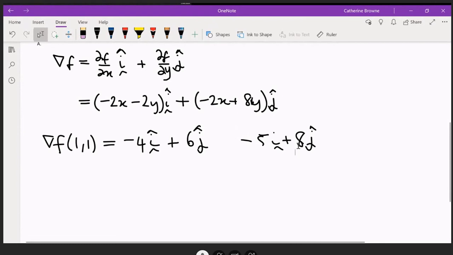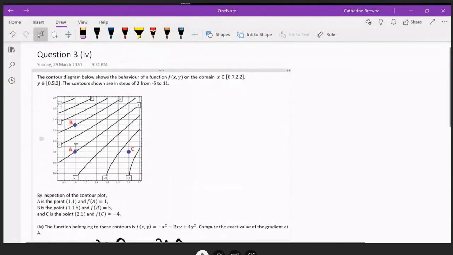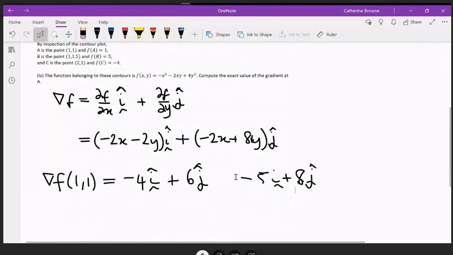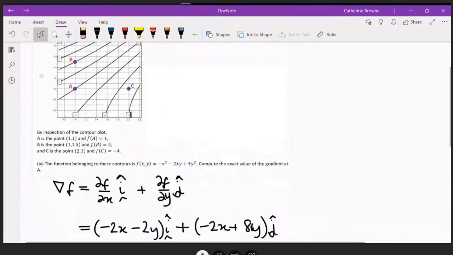So anyway, if I compare it to my approximation, the approximation is much better in the x direction than it is in the y direction.